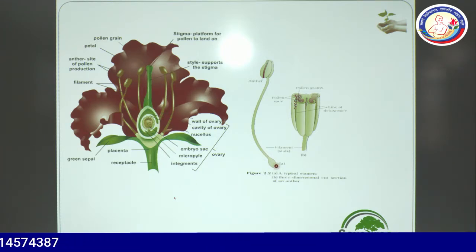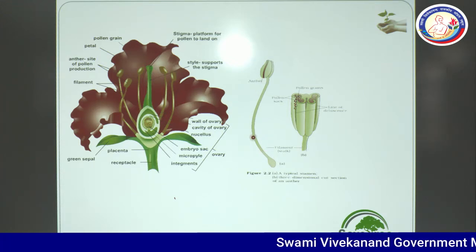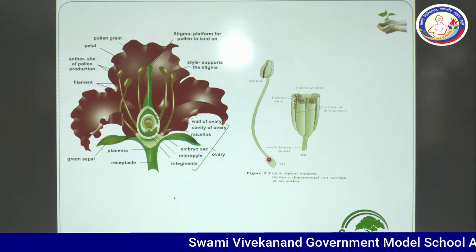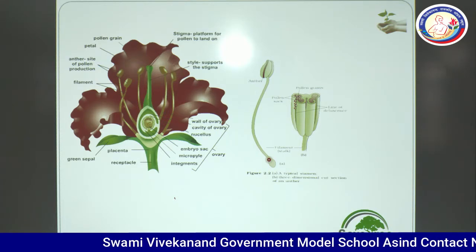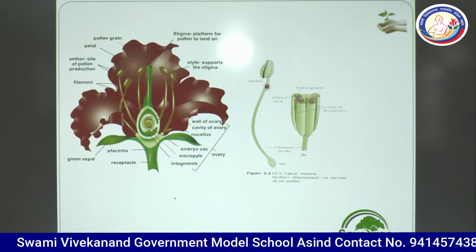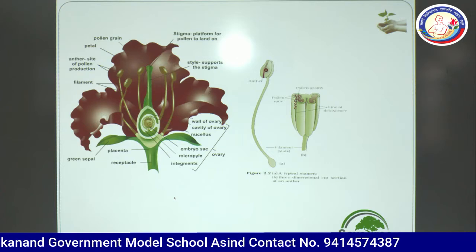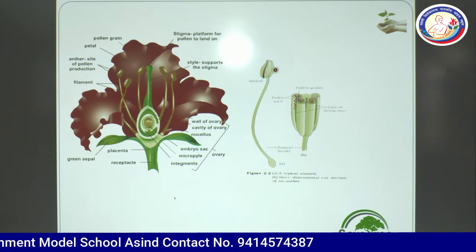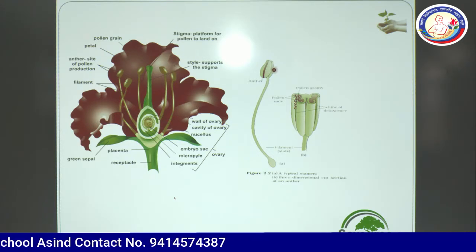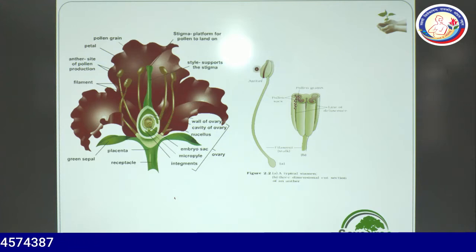This is the structure of the stamen, in which this thread-like structure is known as the filament. And at the top of the filament, these two structures are known as the anther. And anther lobes can be further explained here.